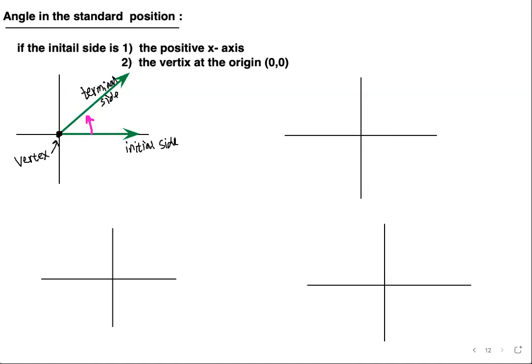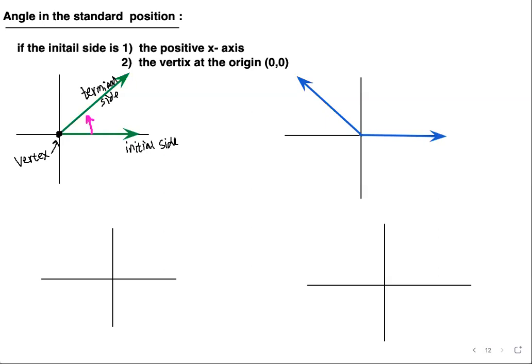For the second one, suppose my initial side, always my initial side, is on the positive x-axis. And my terminal side is this. Okay, so this is an angle in the standard position. Why?